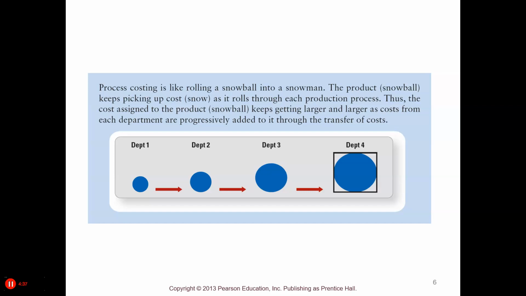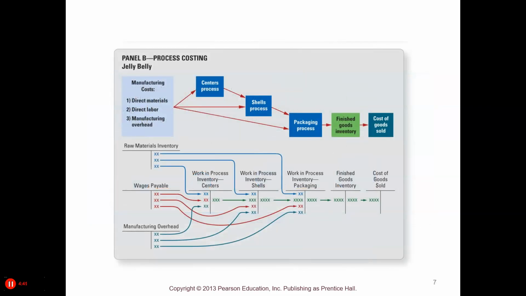So let's take a visual look at that process. So here we have, if you notice in this case, we're making jelly beans. And the first work in process in this example is made up of three departments. We have the centers, the shells, and the packaging. And each time it goes through one of those departments, we add more wages, more manufacturing overhead, and more raw materials as we go through the process.